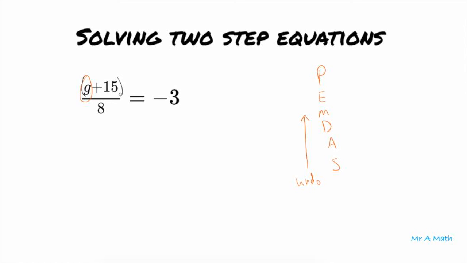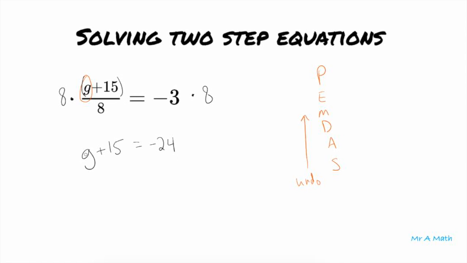I have to deal with this 8 first. It's being divided by 8, so to undo that I need to multiply by 8. If I multiply by 8 on one side, I also have to multiply by 8 on the other side. That leaves me with g plus 15 is equal to negative 3 times 8, which is negative 24.